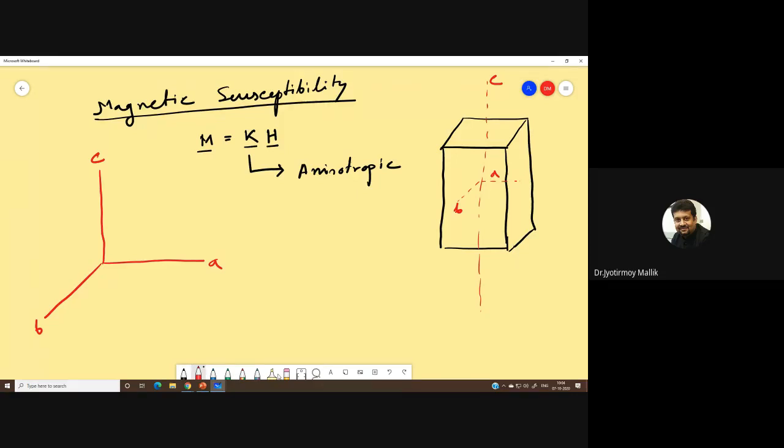If we do that, what will we find? We will find that the susceptibility can be expressed by an ellipse, which will have three axes, of course: a maximum axis, an intermediate axis, and the minimum axis.